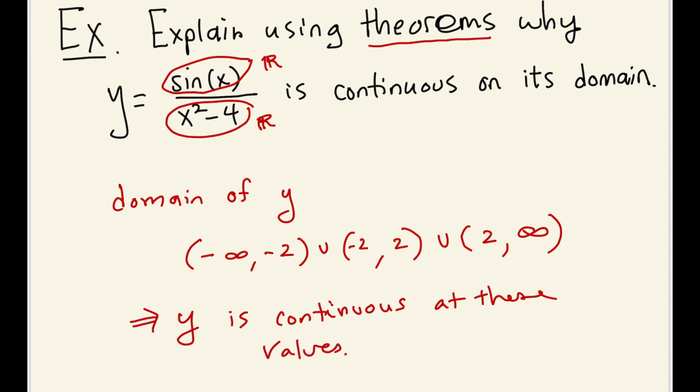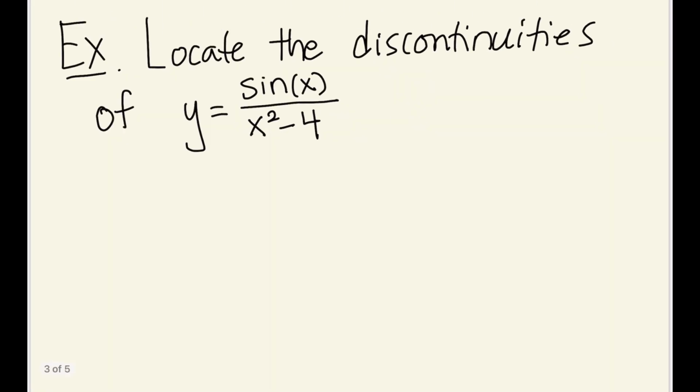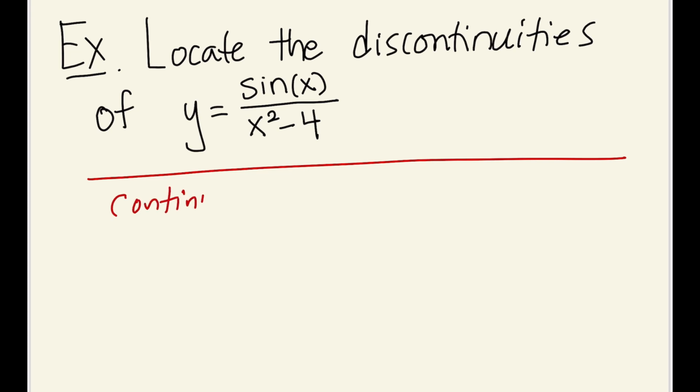Okay, so taking this along, if we were asked to locate the discontinuities of y equals sine x over x squared minus 4, well, this is related to the previous question. We know that this function is continuous on its domain.